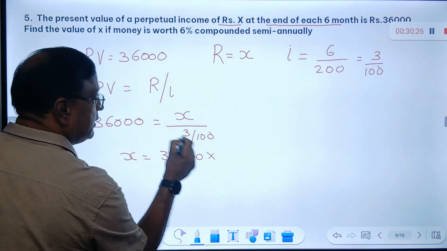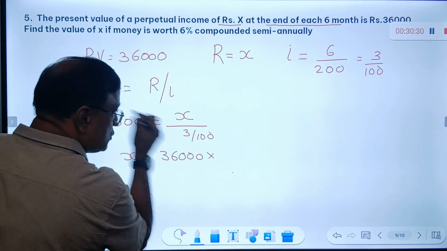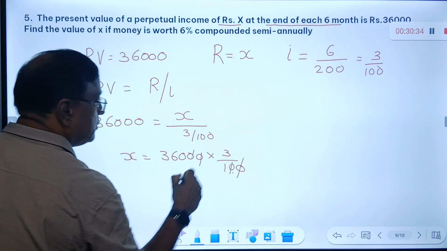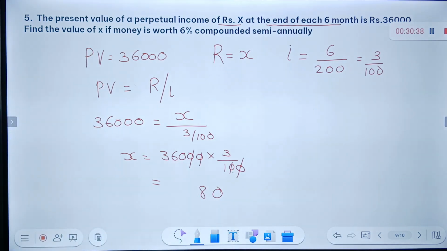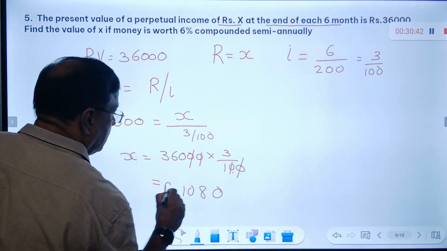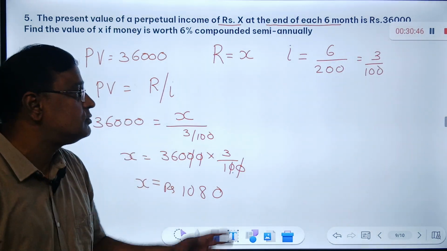Just cross multiply this, and consider this as some number. Just cross multiply. 3 by 100, they get cancelled. So what do you get? 1,08,000. Okay. I hope you understood this.